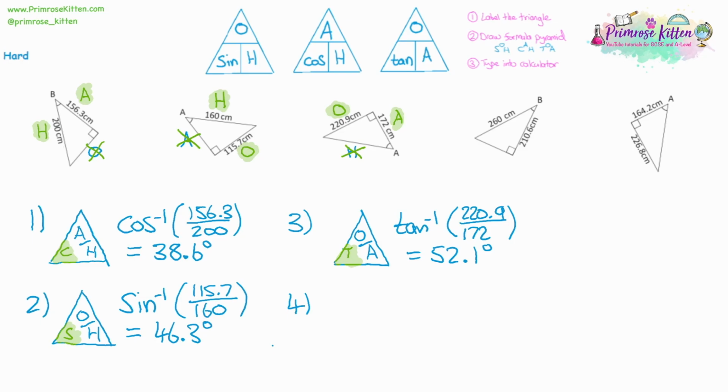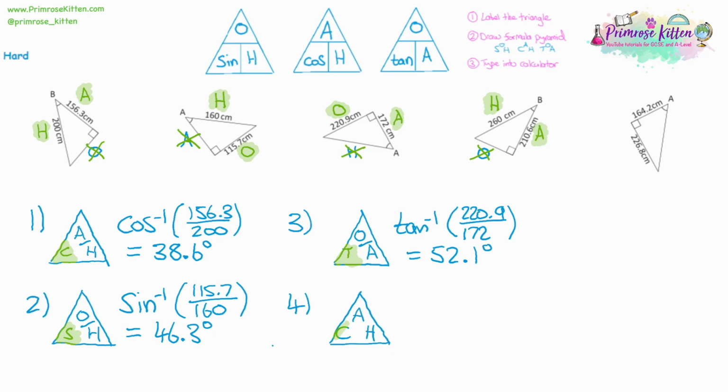Question 4, label the triangle, hypotenuse, adjacent, opposite. We have the hypotenuse, we have the adjacent. Don't need the opposite. Our formula pyramid needs H and A in it, which will be in CAH, C-A-H.